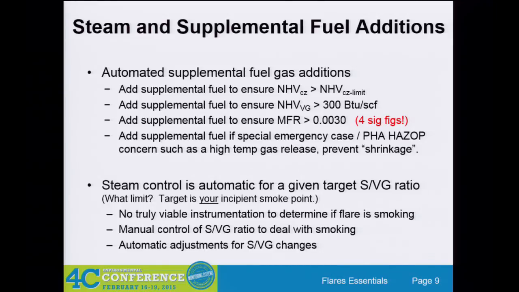Another case where we've seen people adding additional supplemental fuel to their flare is this kind of emergency high temperature release. We've seen this mainly on very large flares. So say you have a large release of very hot gases into your flare header. You know, it's going up the flare, it's burning nicely, but then it's over. The flaring event ends, and you have just a little slow purge gas rate that's going to go in and clear your header.